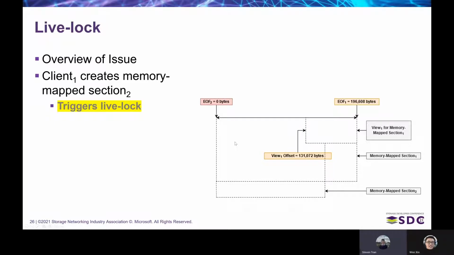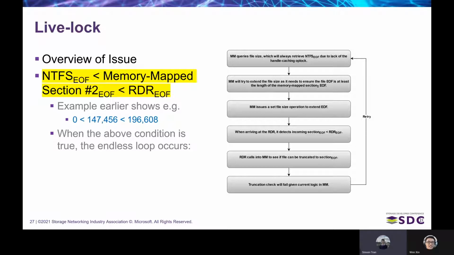Once client number 1 creates a secondary memory map section that has a mapping ending between the end of file 2 and the end of file 1, a Livelock occurs here. So why does this occur? If we go to the next slide, we can see why this might occur.